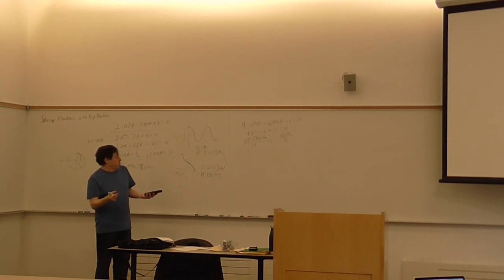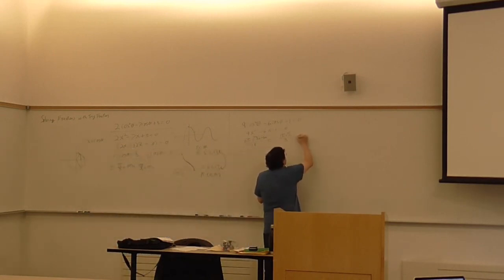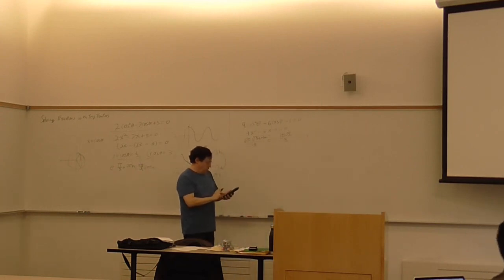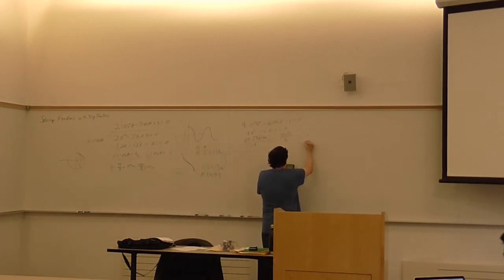I'd like to know what 1 plus or minus the square root of 2 over 3 is. 1 plus square root of 2 divided by 3 is approximately 0.8. That's good enough. And 1 minus the square root of 2 divided by 3 is approximately negative 0.14.